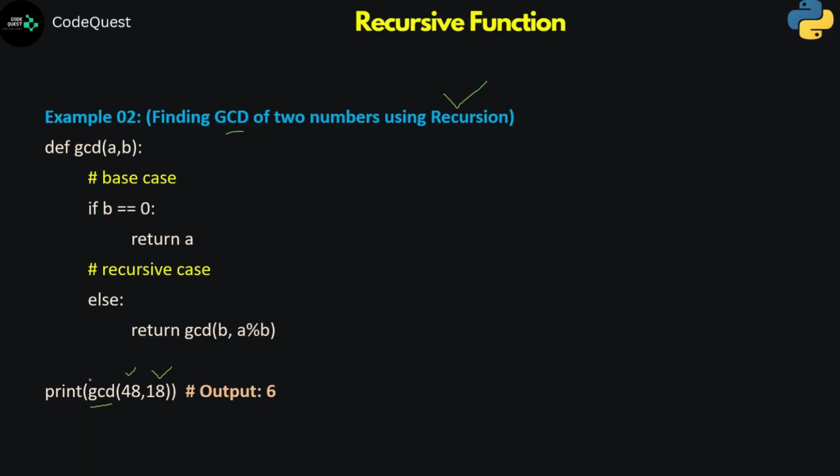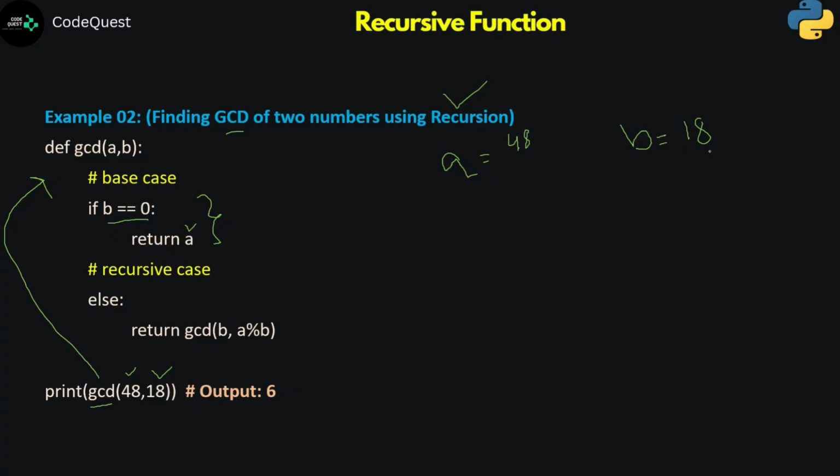For the first time when the control goes to this GCD, we have two positional parameters here, A and B. So to start with, as we have called the function with 48 and 18, A is 48 and B is 18. As we are supposed to write a base condition or base case, we have written B equal to 0. If this is true, then it has to return value of A.